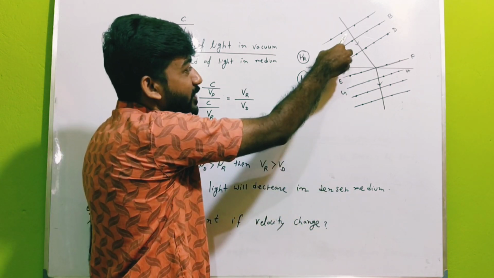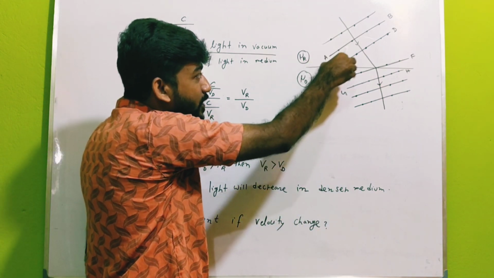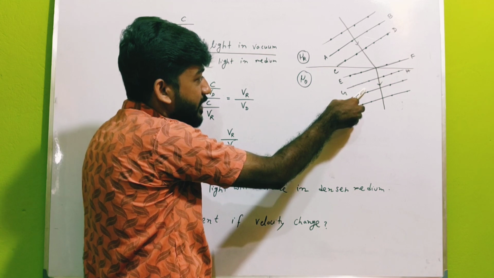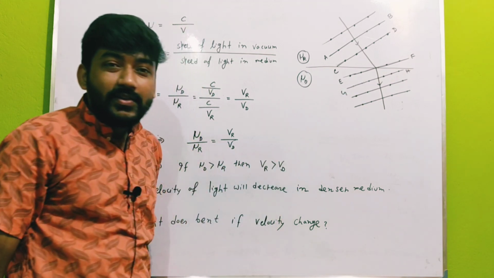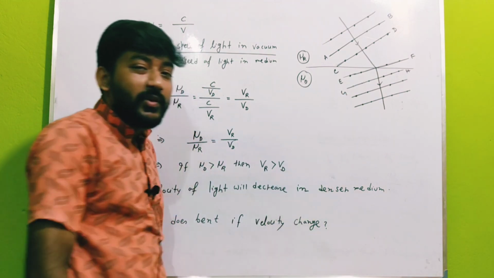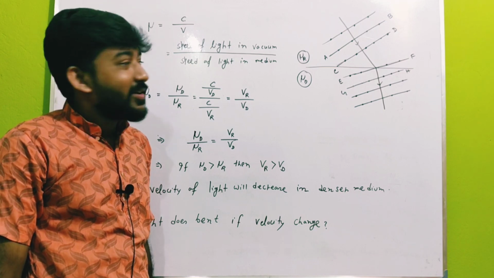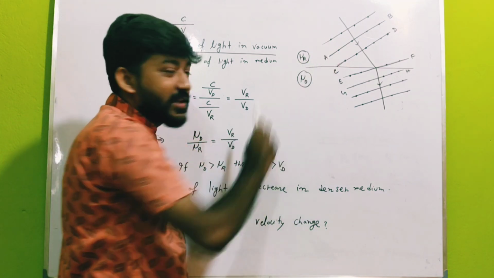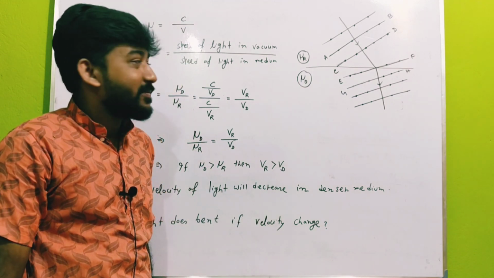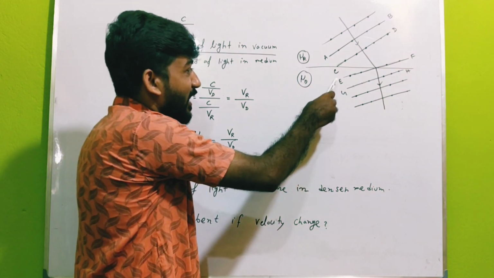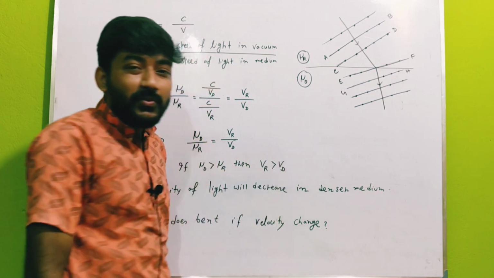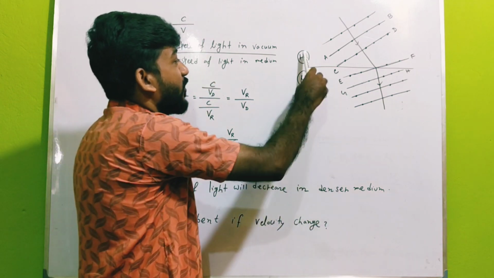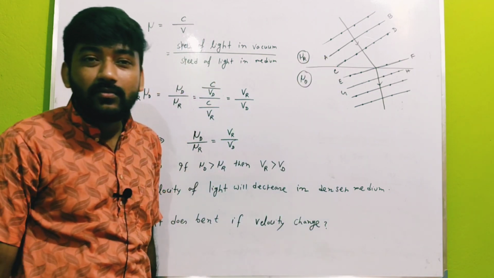So when the men enter this denser medium or this sand road, their velocity will automatically decrease, because I am comparing the denser medium with the sand road and the rarer medium with the tar road or a dry road.